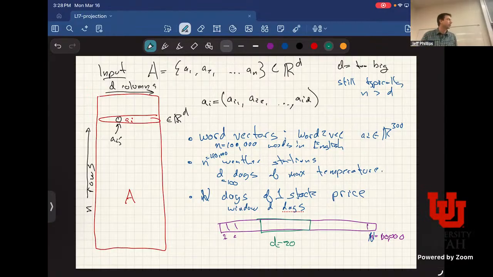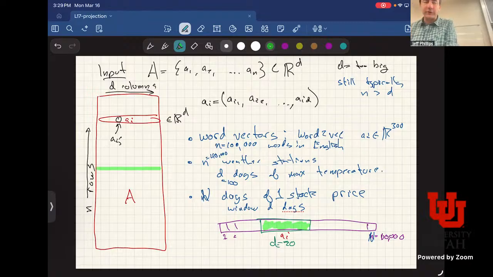So I have 20 days, and I'm going to say this is equal to 1 data point. This will be data point a_i here. Okay, so I'll take a set of 20 days, and this will be data point a_i. And then I want to look at the next window of days.